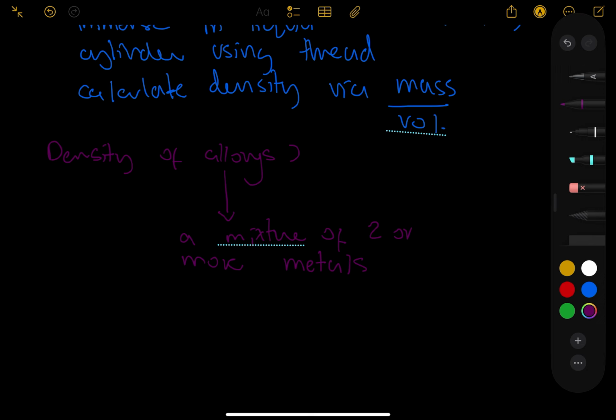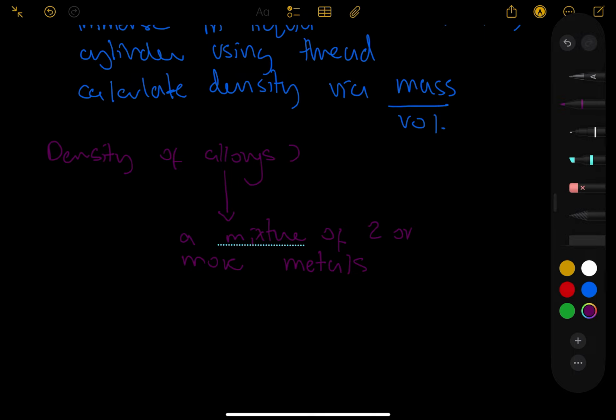And the benefit of having an alloy, you don't really need to know this here, but essentially because we're mixing up different elements, we're going to have different sized atoms. Some atoms are going to be larger, some smaller.